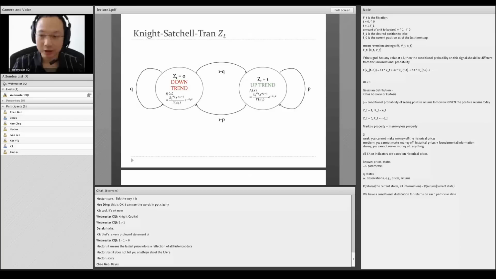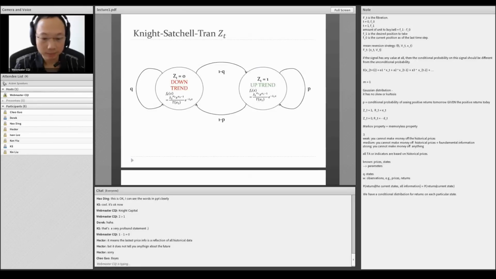Anybody? So the question is, what is the probability of seeing positive returns for the next 3 days, assuming that we start from CT equal to 1? Anyone? Hector, you have an idea?